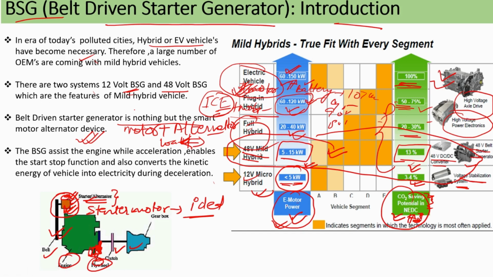Then BSG assists the engine during acceleration, because it is producing some power, and that power can be stored and used to accelerate when you are speeding. It enables the start-stop function and converts the kinetic energy of the vehicle into electricity during deceleration.